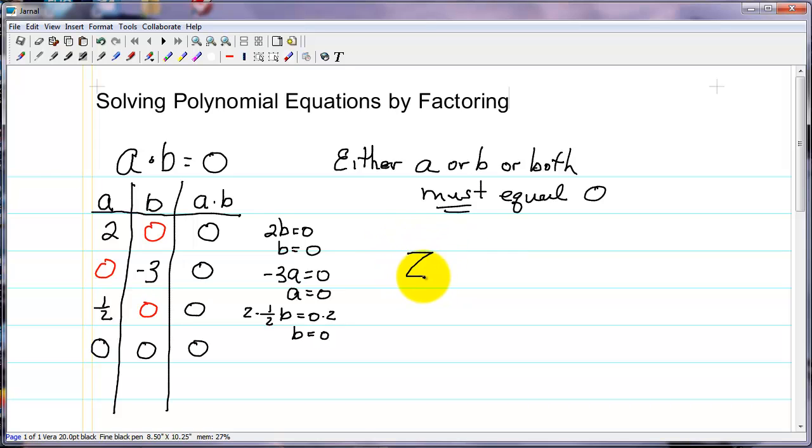It's called the zero product property, which states that if you have two real numbers that are multiplied together that equal 0, then at least one of them must equal 0.